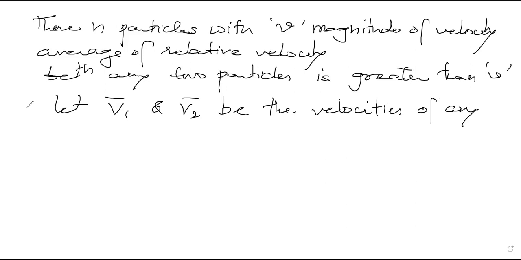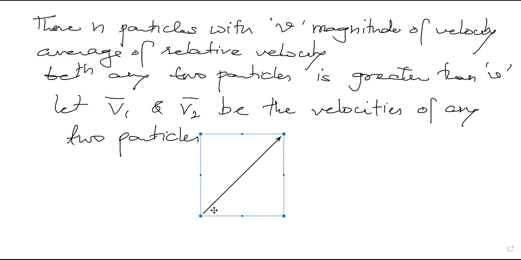So let's say v1 is over here and v2 is over there. The angle between them, I'll take as theta.